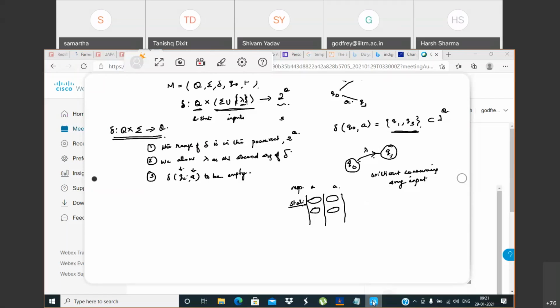It means that some state transitions are not defined at all. So you have these three differences with respect to a deterministic finite state automata.